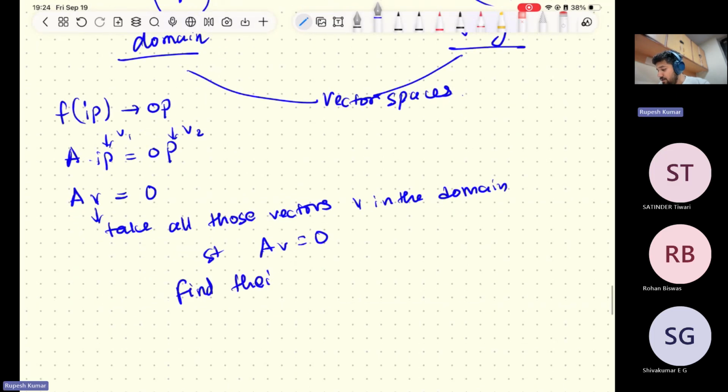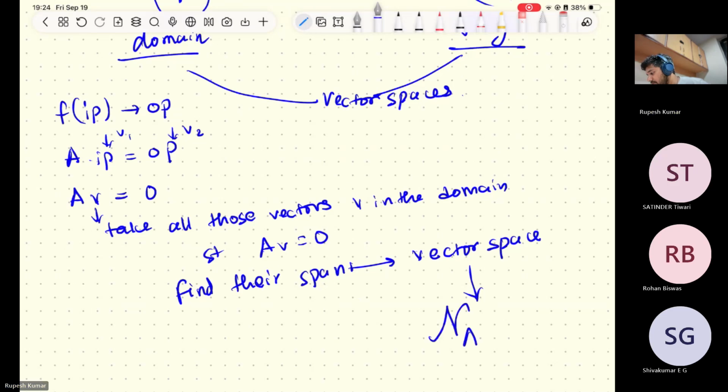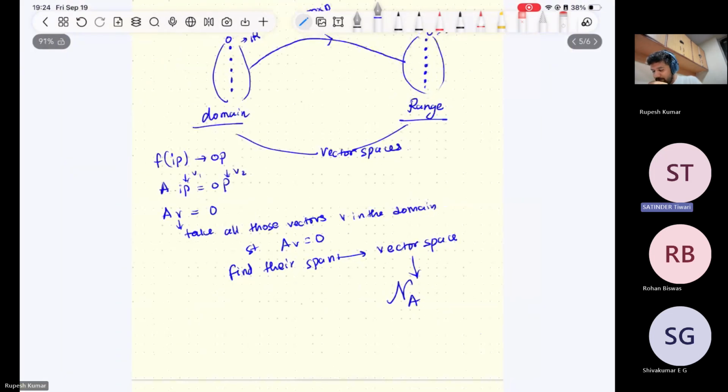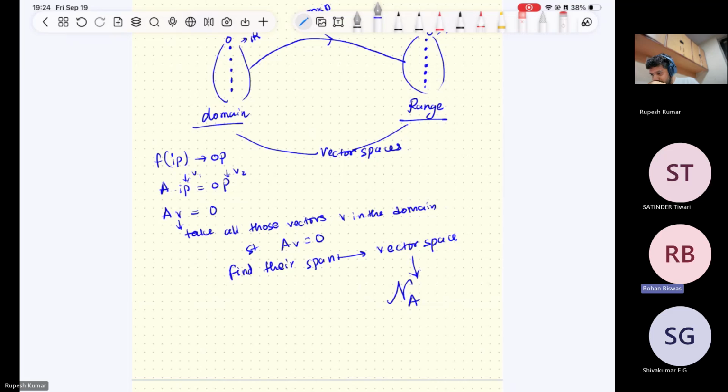Second step, find their span. This will again form a vector space, and that vector space is essentially known as the null space of A. Now, is this clear, everyone?